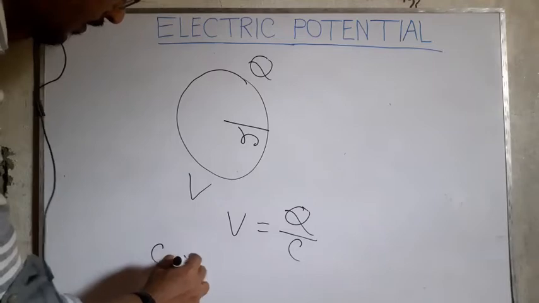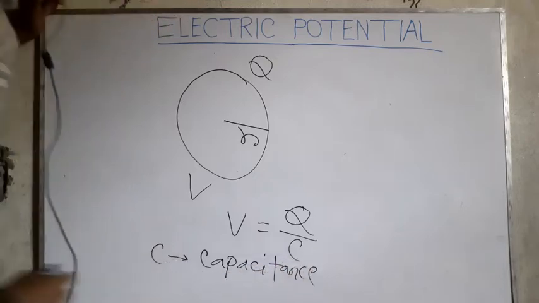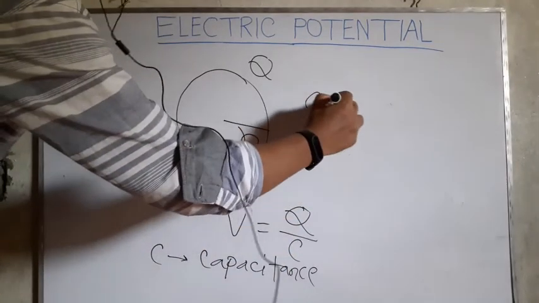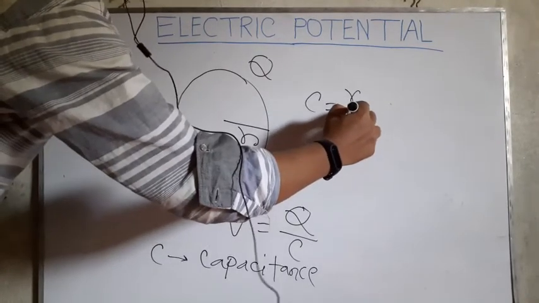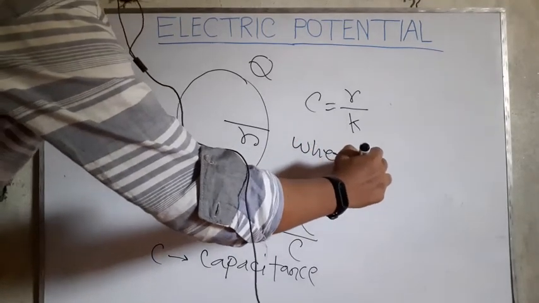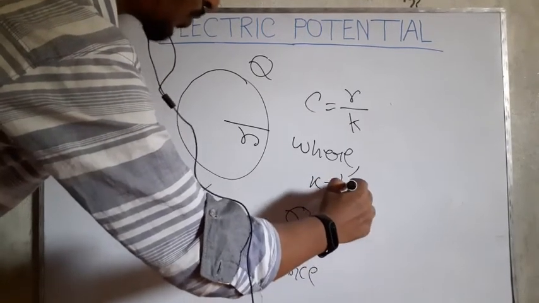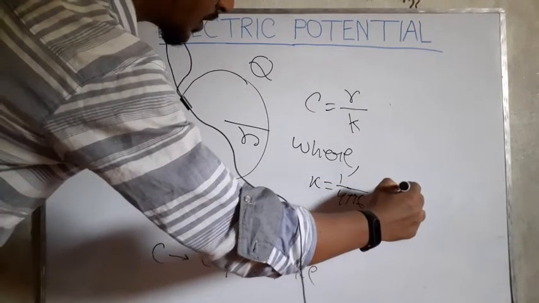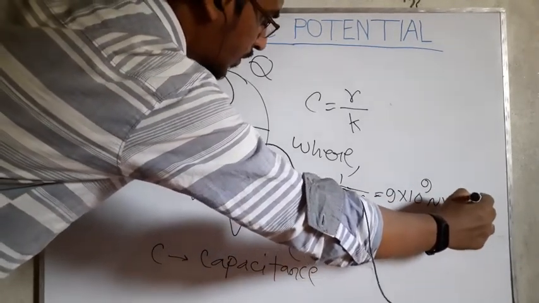C is the capacitance, and C is equal to R divided by K, where K is equal to 1 by 4 pi epsilon naught for free space or vacuum, and its value is 9 into 10 to the power 9 Newton meter square per Coulomb square.